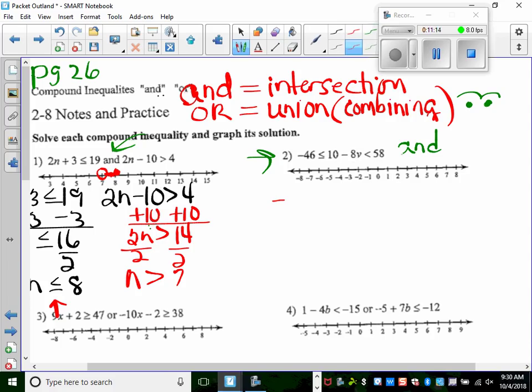So I'm just going to rewrite it here. What I want to do is get my variable alone, and it's in the middle. So I have to get rid of that positive 10. So I'm going to subtract 10 from the middle and from both sides.